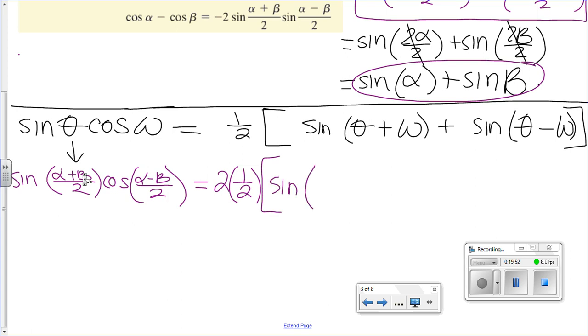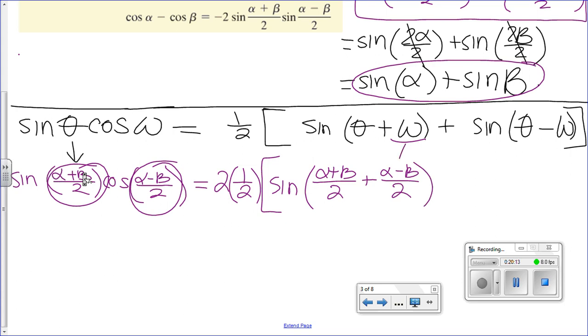Instead of theta, we write all of this right here, alpha plus beta over 2. And then instead of omega, we write all of this right here. So that's where all those little alpha plus beta come from. That's omega, that's theta, the two angles in question.